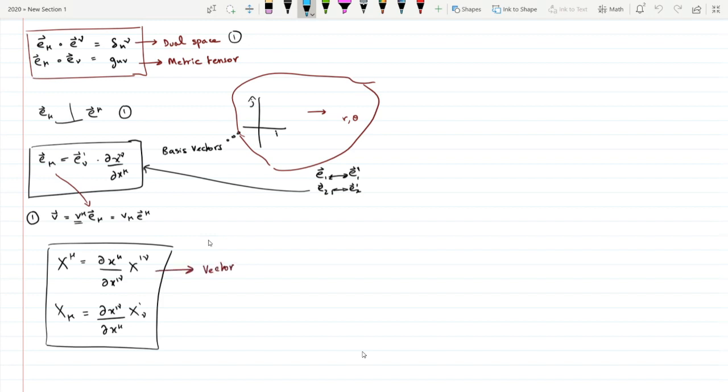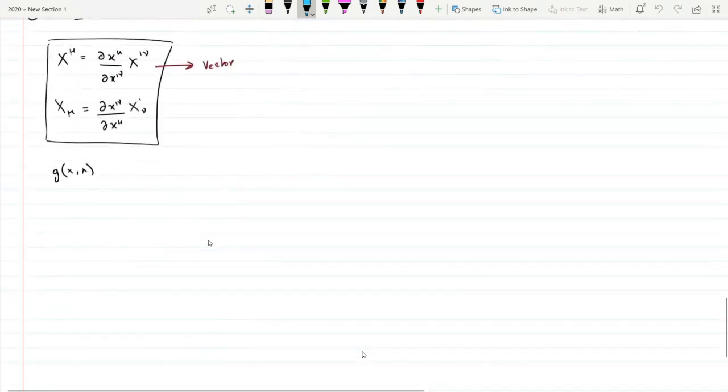And if you remember earlier, tensors are built out of vectors. You guys remember this? I said I'm going to introduce new notation. I'm going to have G with a bracket with two things inside it. And I said this thing is defined as, does everyone remember this notation?